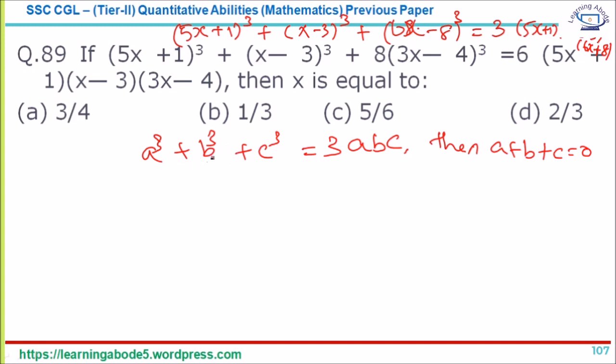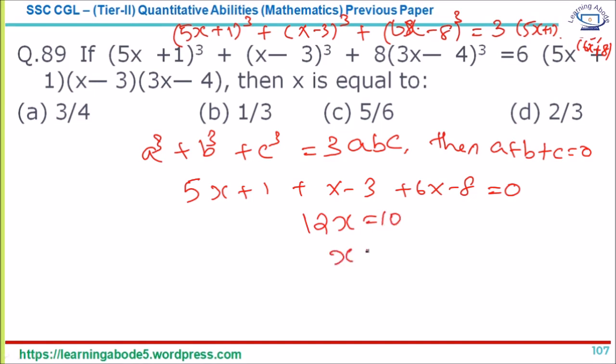I'm just using this, as I said, a cube plus b cube plus c cube equals 3abc when a plus b plus c equals 0. Which means 5x plus 1 plus x minus 3 plus 6x minus 8 is equal to 0. So that means 12x equals 10, and so x is equal to 5 by 6. That's answer option C, 5 by 6, for question number 89.